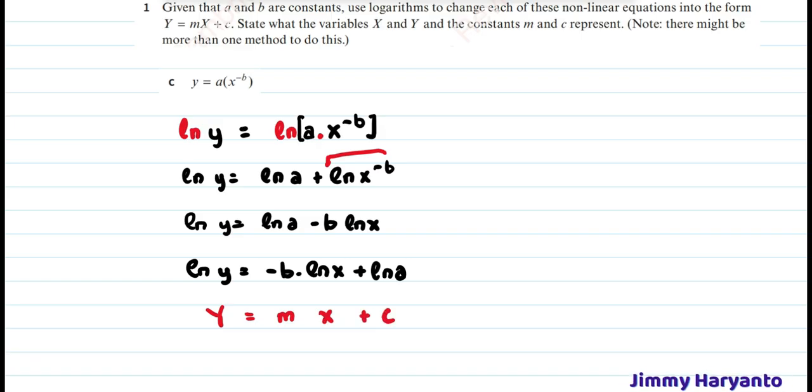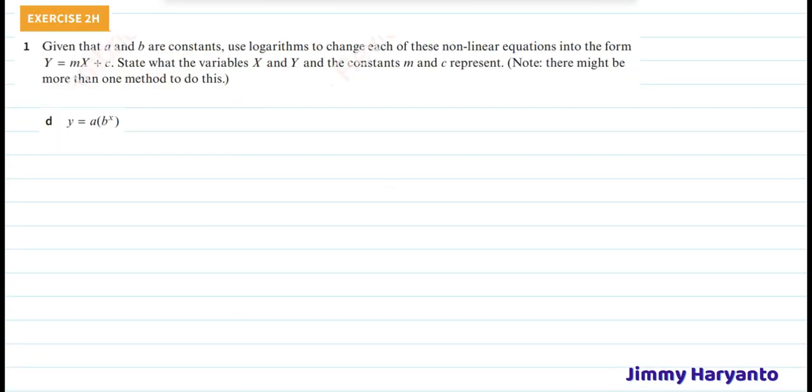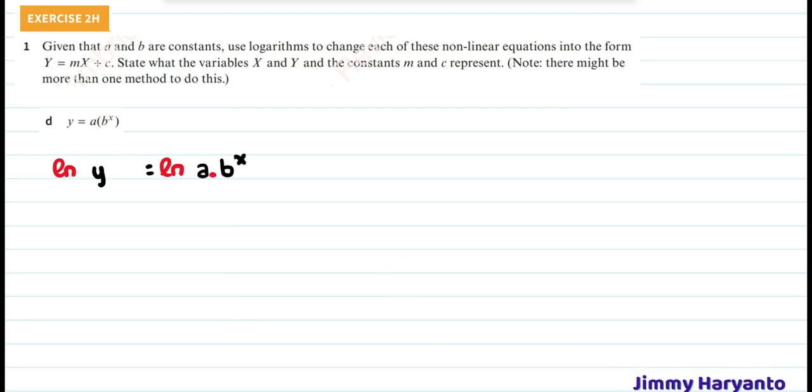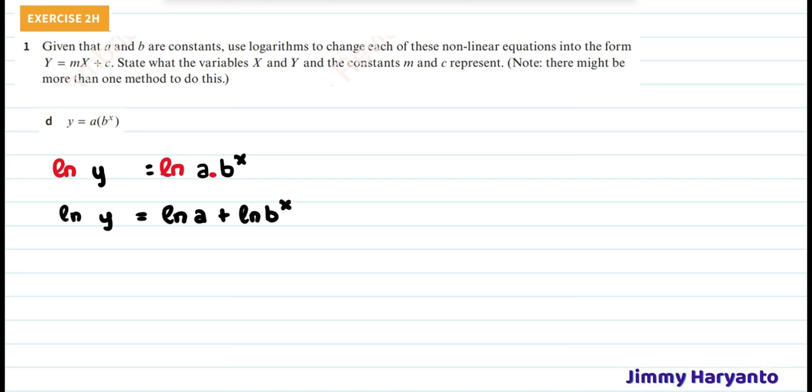And then next is 1d, still the same. You have to add ln at the left hand side, and also ln at the right hand side. You'll have ln y equals ln a times b to the power of x. Okay, and then we have to use the properties of logarithm, the product rule. That means you will have ln a plus ln b to the power of x, and then you can use the powers rule.